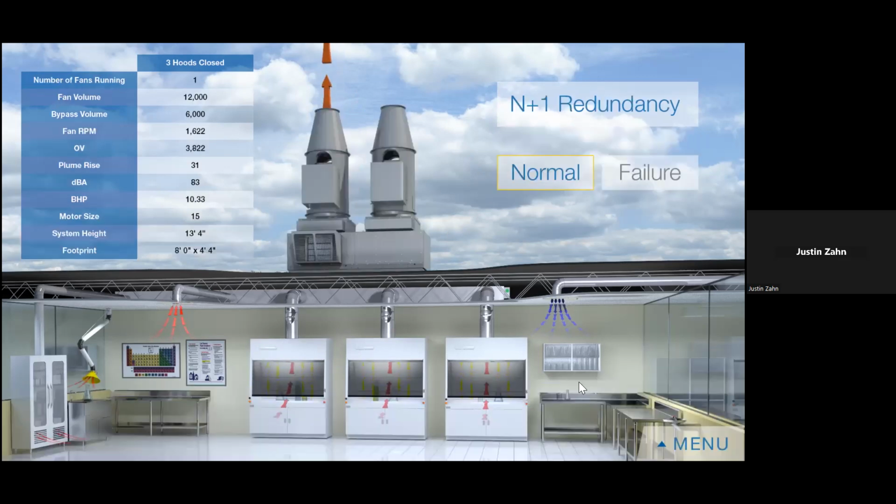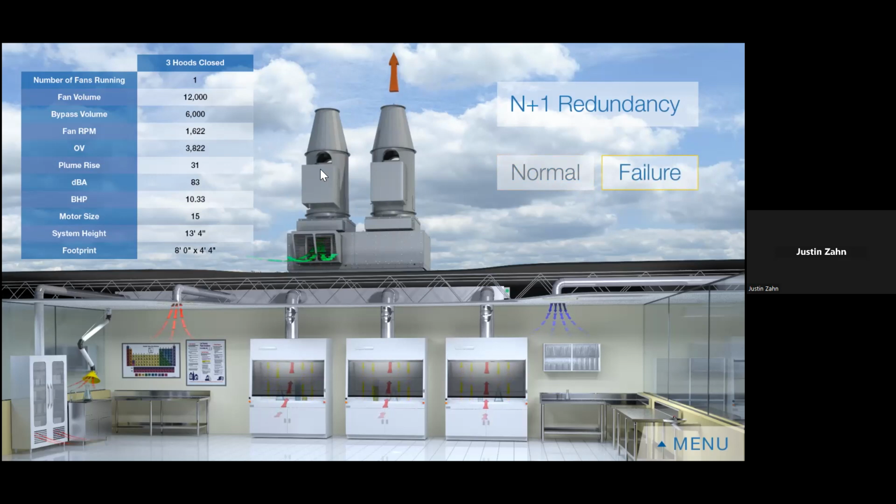Okay, so one thing that we did not talk about in the PowerPoint was the two types of redundancies that you will see in the industry. The first type is going to be N+1, definitely the most common type of redundancy. You have one fan on, one fan off. As one fan fails, the other one will automatically ramp up and take over this fan's load.